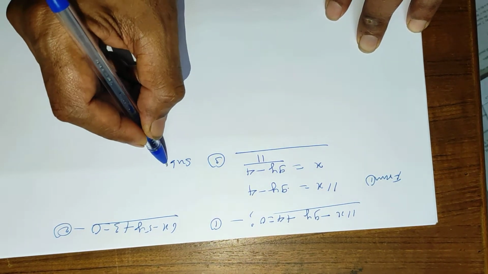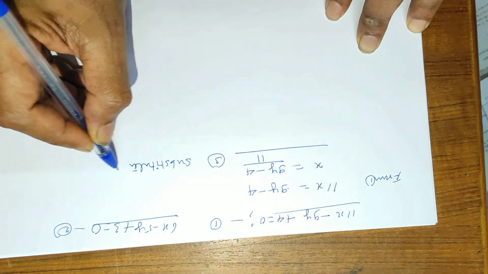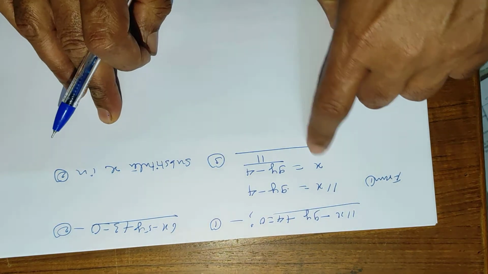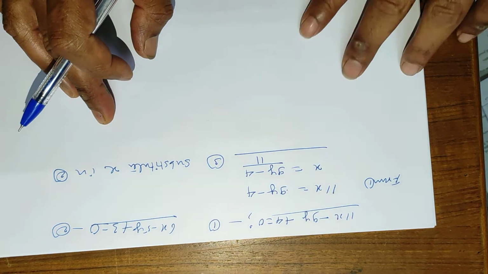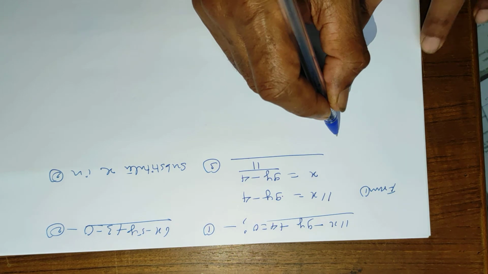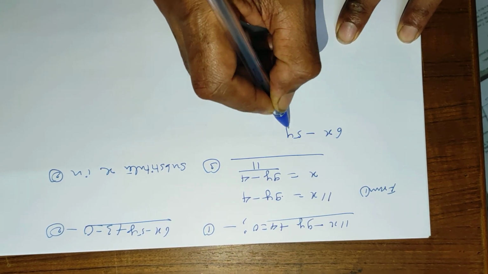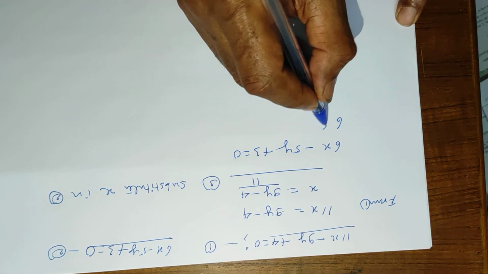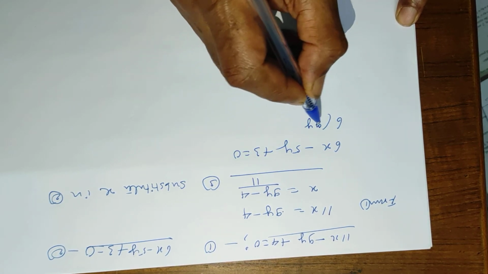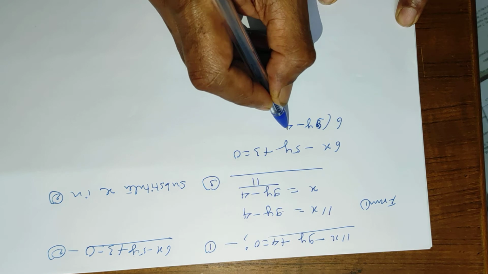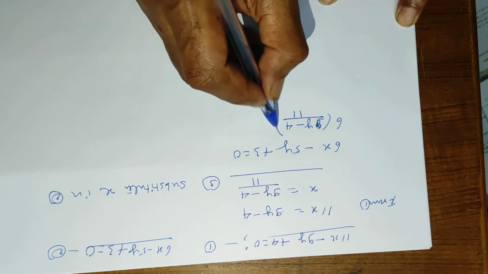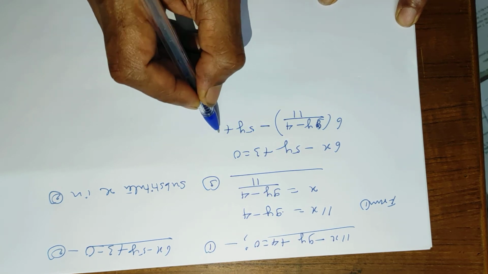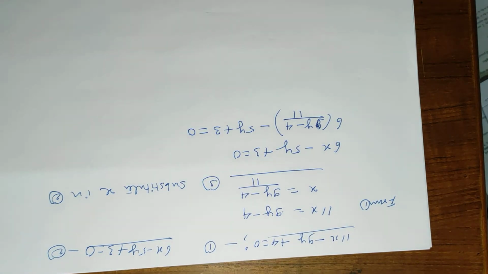Substitute x in 2. Because it has been derived from 1, we have to substitute in the other one. So the other is 6x minus 5y plus 3 is equal to 0. 6 into 9y minus 4 by 11 minus 5y plus 3 is equal to 0.